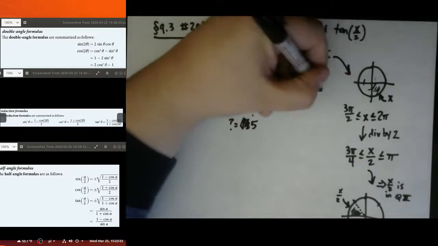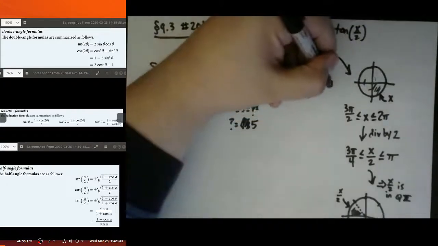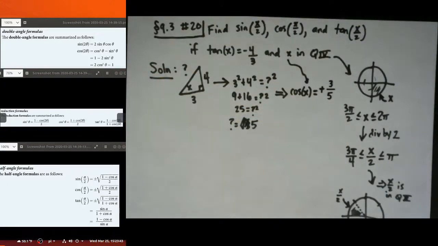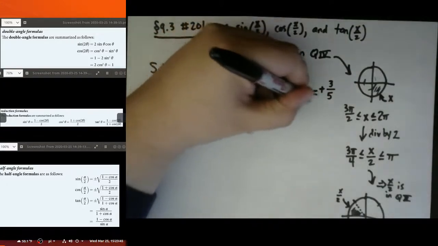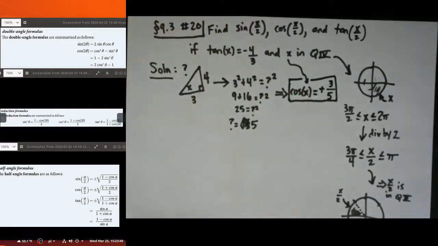So this is positive, adjacent 3, hypotenuse 5. So positive 3 over 5. Now, I'm going to need that when I use my half angle formulas. Notice on the side, all these formulas have the cosine in it. Both of these, the sine and the cosine half angle, have a cosine of that angle in the numerator.